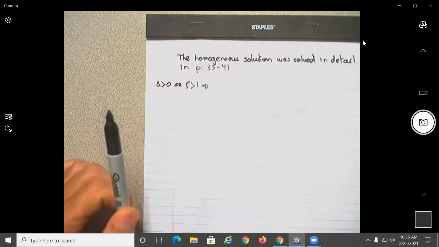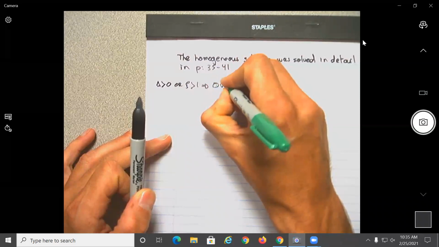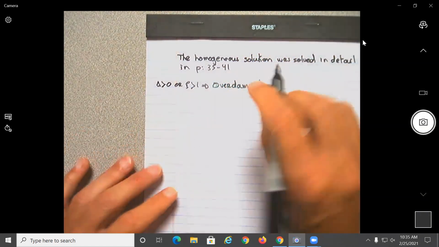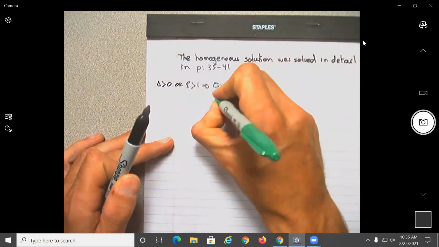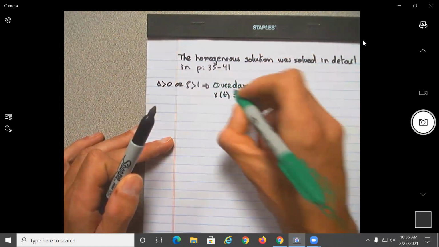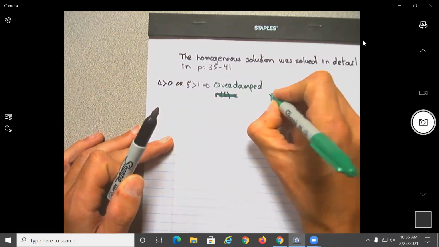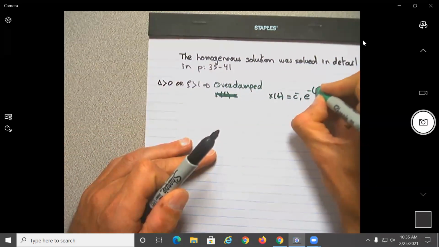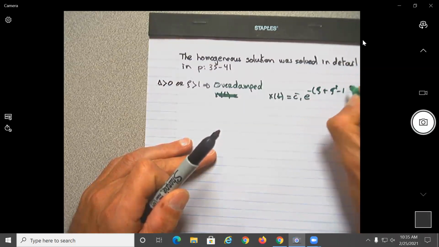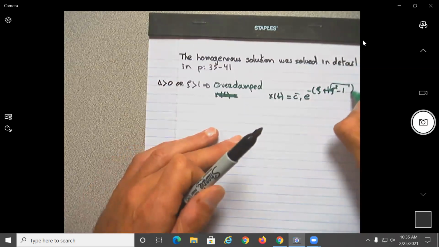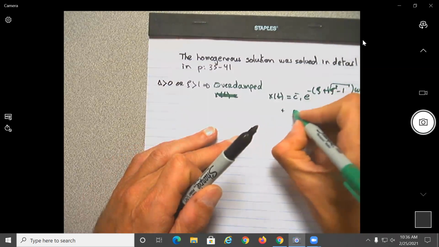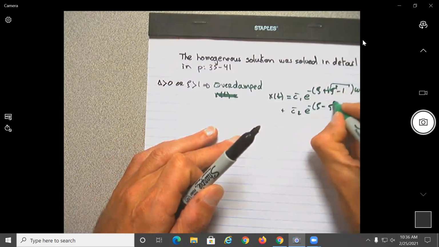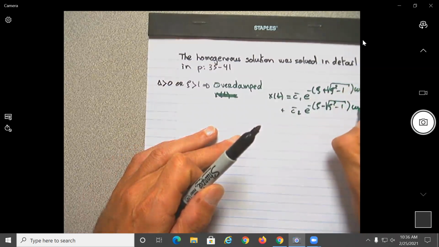This was the case for the overdamped, and the response was of the form, x of t was equal to C bar 1 exponential of minus (zeta plus square root of zeta squared minus 1) omega n t plus C bar 2 exponential of minus (zeta minus square root of zeta squared minus 1) omega n t.